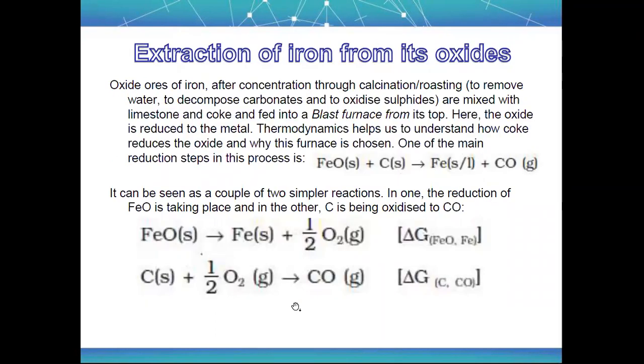So, let's talk about the first extraction, of iron from its oxide. So iron ore, or you can say oxide ore of iron, after concentration through calcination and roasting to remove water, to decompose carbonate and to oxidize sulfide, is mixed with limestone and coke and fed into a blast furnace from its top.